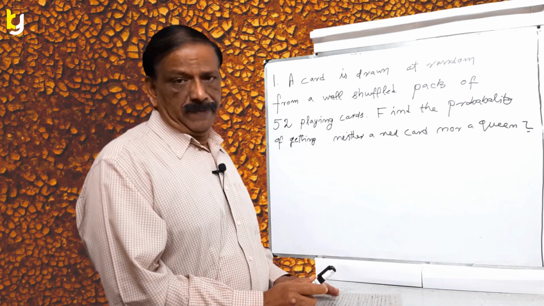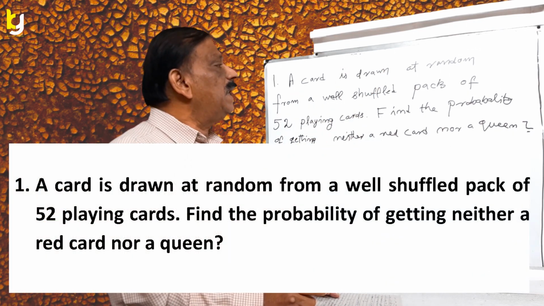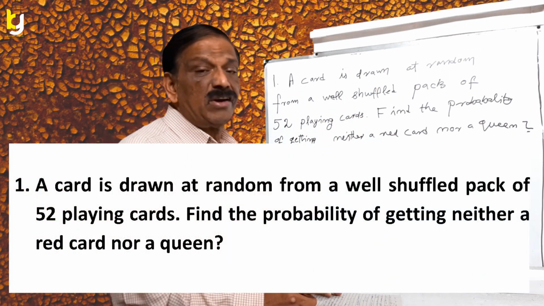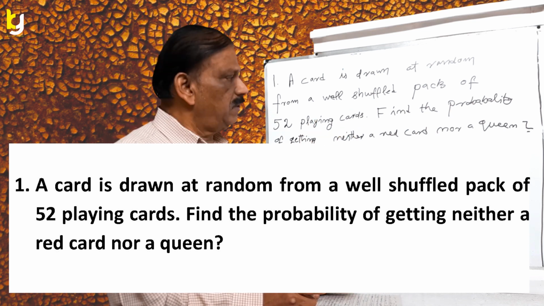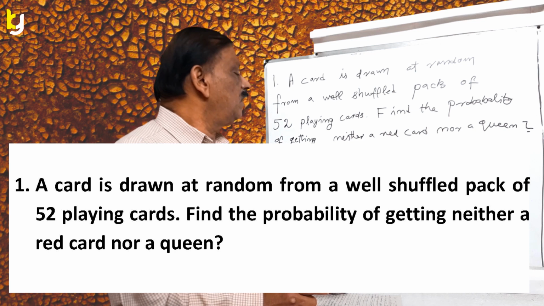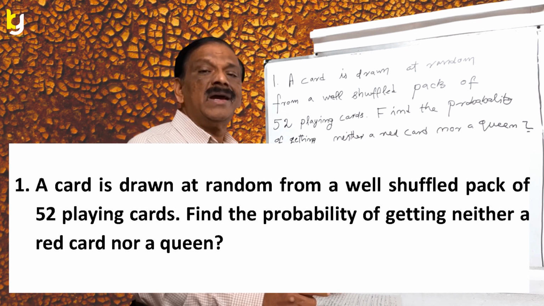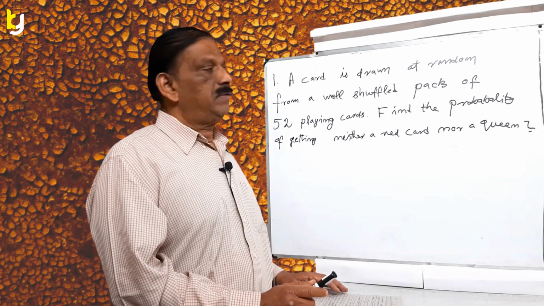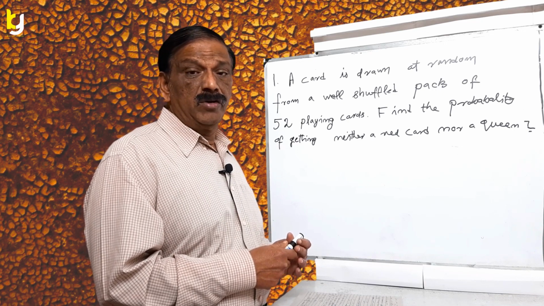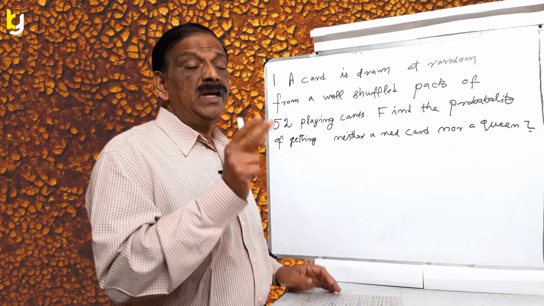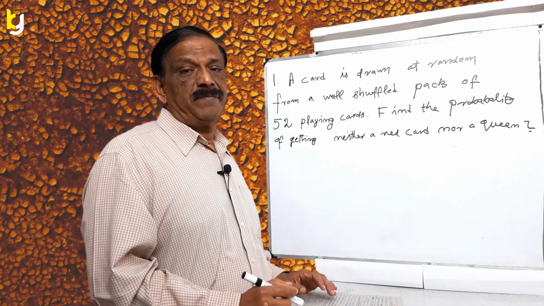This question is: a card is drawn at random from a well-shuffled pack of 52 playing cards. Find the probability of getting neither a red card nor a queen. See, in 52 playing cards, the total number of red cards will be 26.